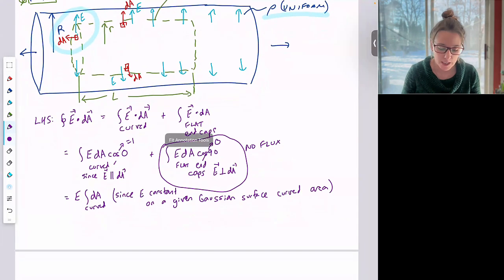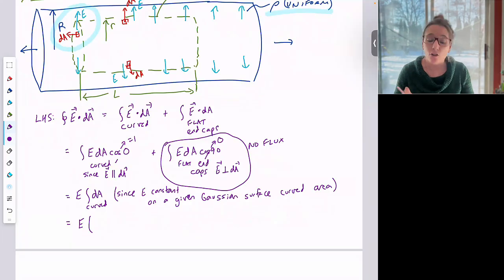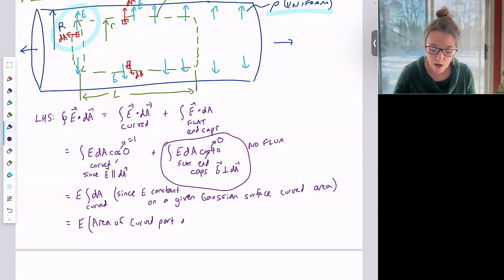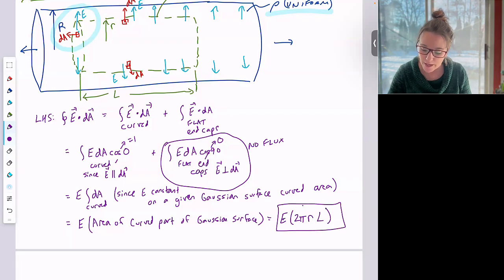And so then this is going to be equal to E times the area of the curved part of the Gaussian surface, which is simply going to be equal to 2 pi r times L. So this is my left-hand side of Gauss's law.